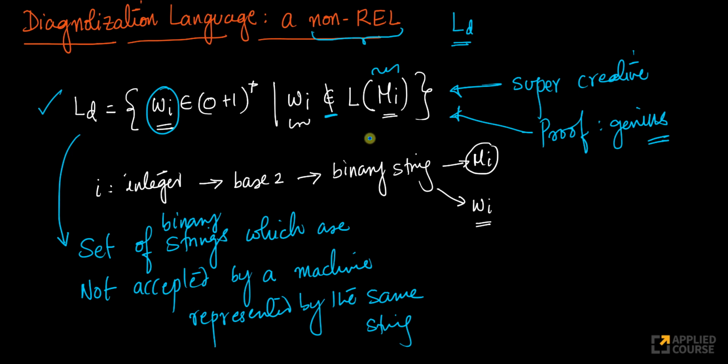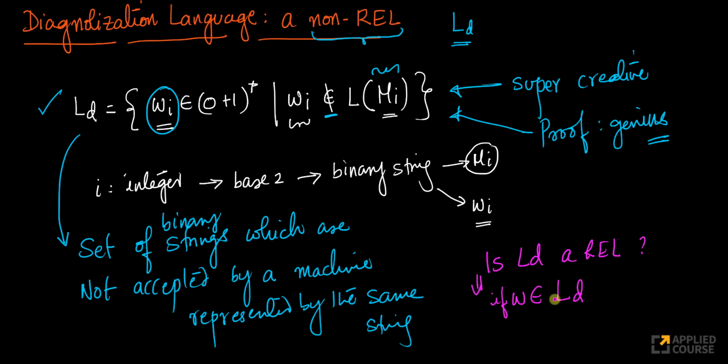Right? Now the next important question that we'll ask is: is LD a recursively enumerable language? So what do you mean by a recursively enumerable language? Let's ask that question also, right? Which means, suppose a word belongs to LD. So what does this imply?